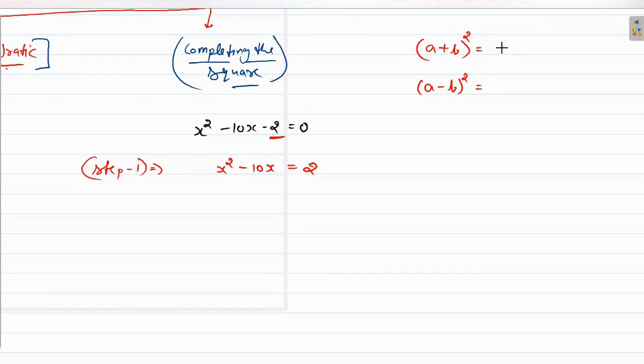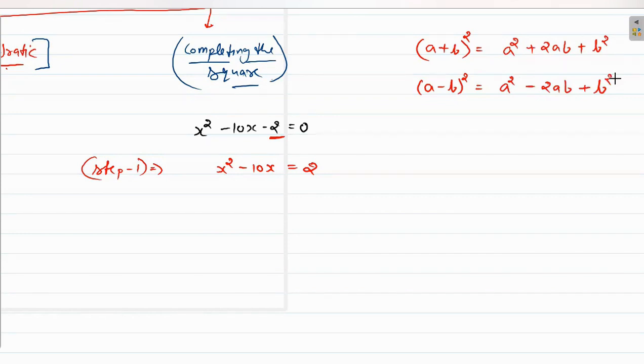For this method we need to memorize these two identities. (a plus b) whole square is a square plus 2ab plus b square. And for the other one, (a minus b) whole square, we have a square minus 2ab plus b square.